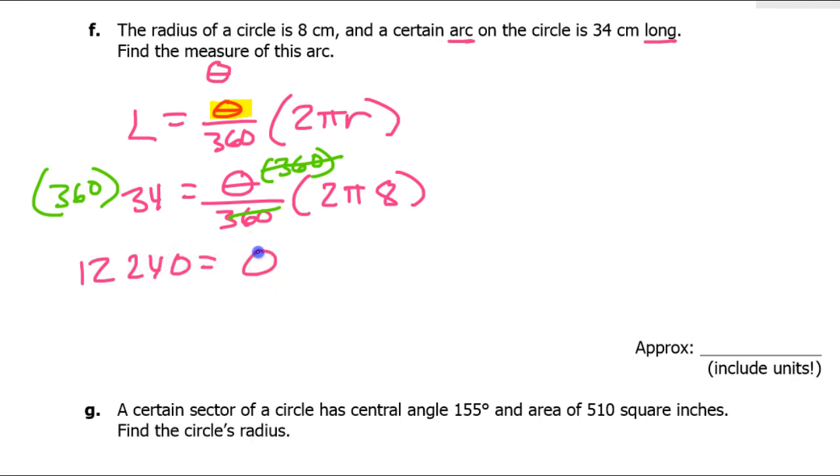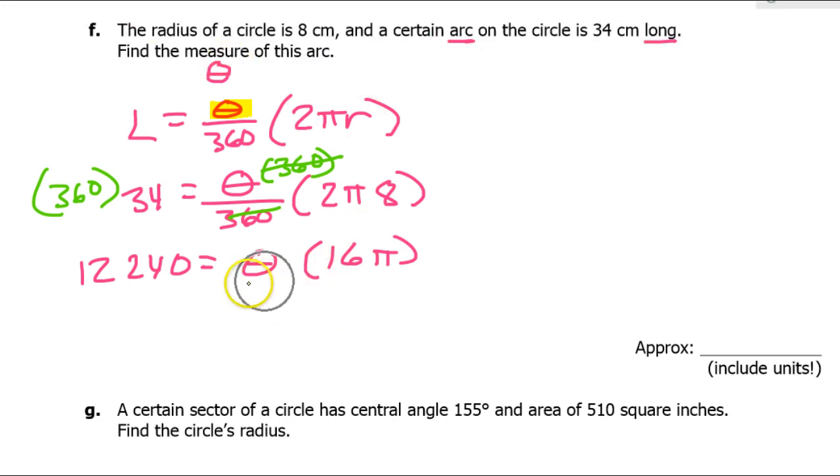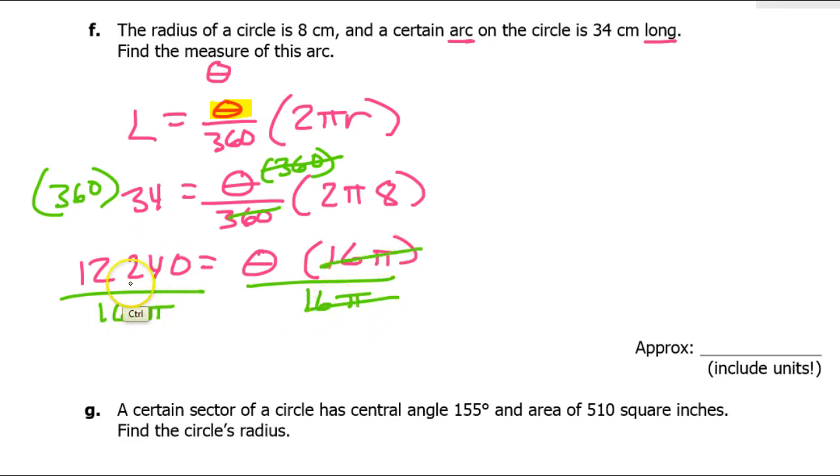And that's going to equal theta times 16 pi. I just went ahead and did 2 times 8, so 16 pi. I want theta, so I'm going to divide both sides by 16 pi. Those cancel out. So I'm just going to put that in my calculator, and that's going to be the answer.